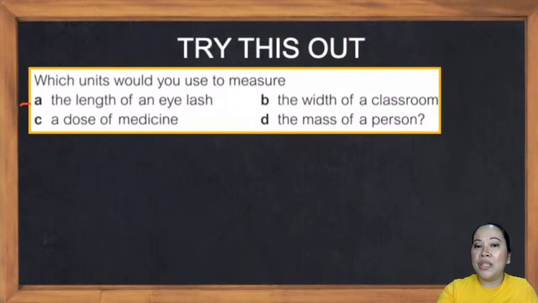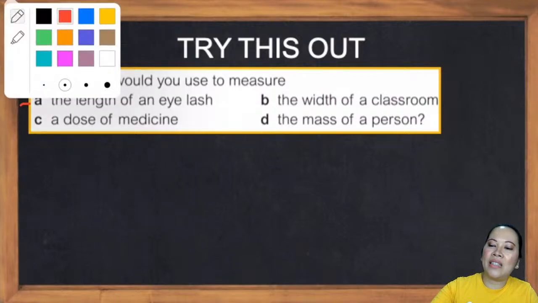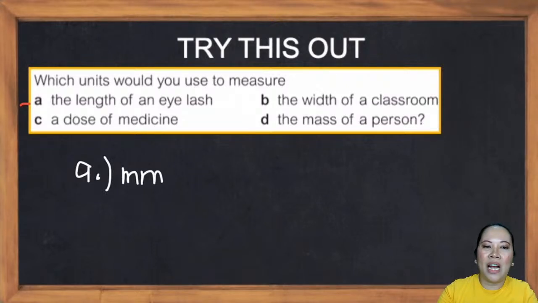Would you use a meter stick to measure the length of your eyelashes? Or would you use a weighing scale? So what unit, grams, meter, centimeter? Yes, that is correct. You use millimeter to measure the length of your eyelashes.